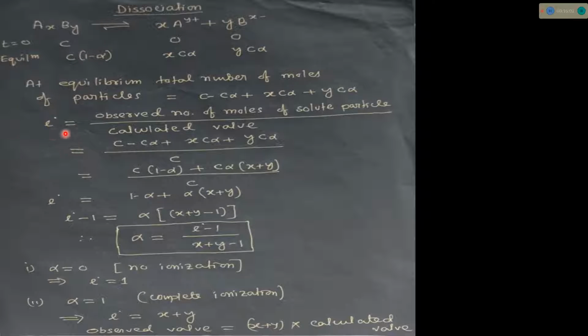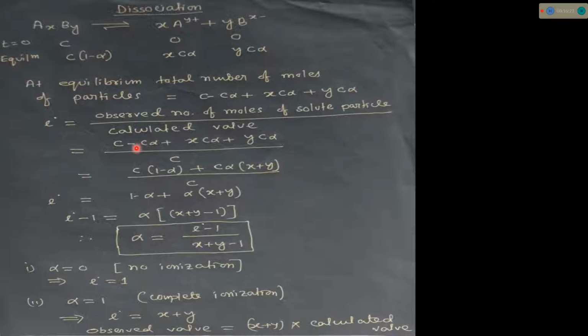Now the i value is the observed number of moles of solute particles divided by the calculated value. So we can write i equal to the observed value upon the calculated value. Now how much is the observed value?